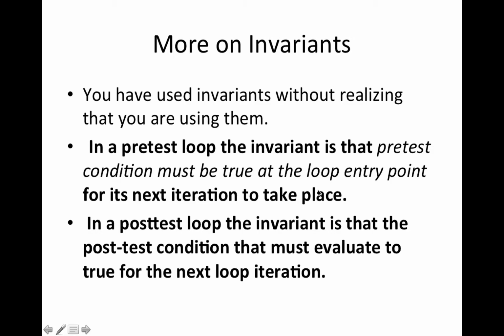So if you have a pretest loop, where the loop condition is tested at the entry point, the invariant there is that the condition should be true for the loop to execute. And the same thing happens in the post-test loop. The invariant is the post-test condition that must evaluate to true for the next iteration to take place. So these are two examples of invariants that you have used in writing pretest and post-test loops without really realizing that you were using invariants.